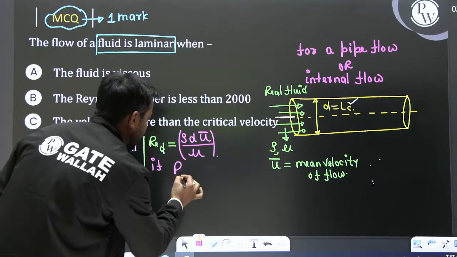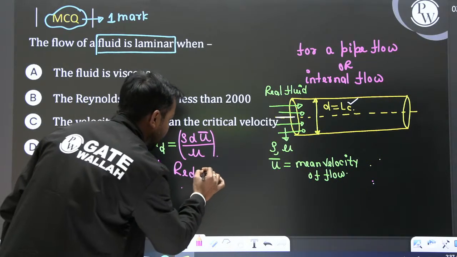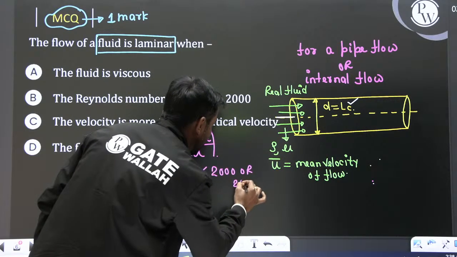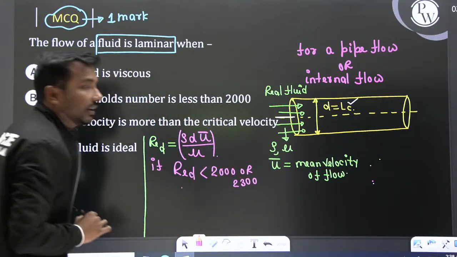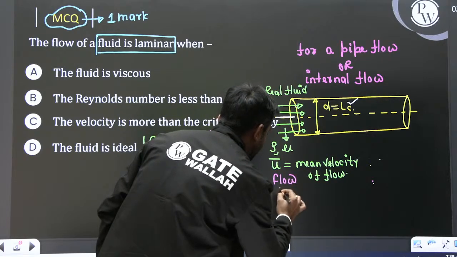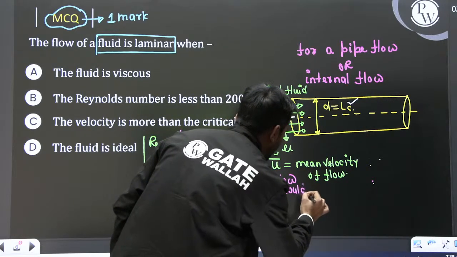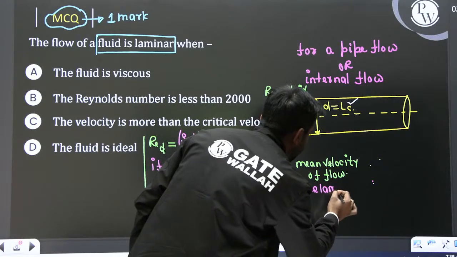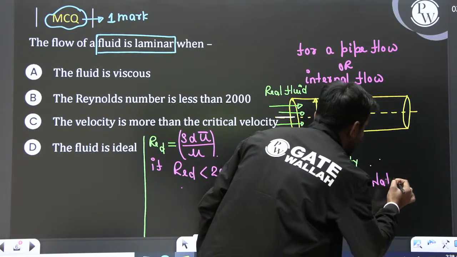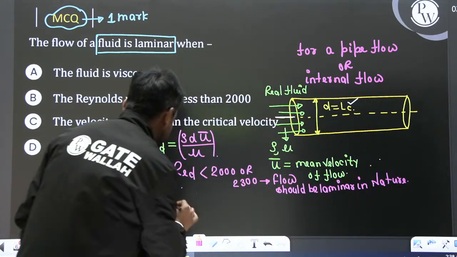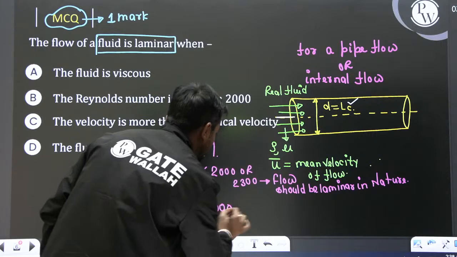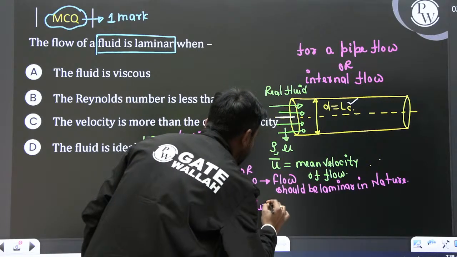If this Reynolds number based on diameter is less than 2000, or you may also say less than 2300, then the flow should be laminar in nature. And if the Reynolds number is greater than 4000, the flow should be turbulent inside the pipe.